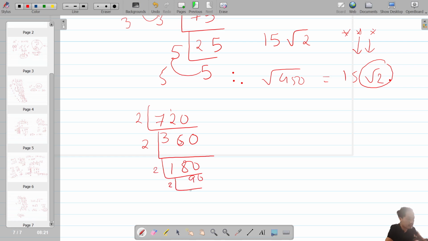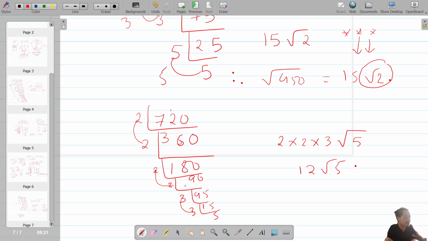Then you have 2 45s, then we have 3 15, and 3 5s are 15. See the pairs, 2, 2, and 2. Once again, you have 2 into 2 into 3 root 5, which is 12 root 5. So in this way, you should be able to get the answer.